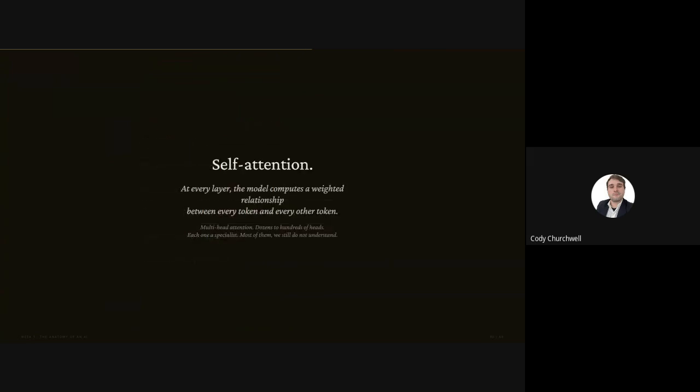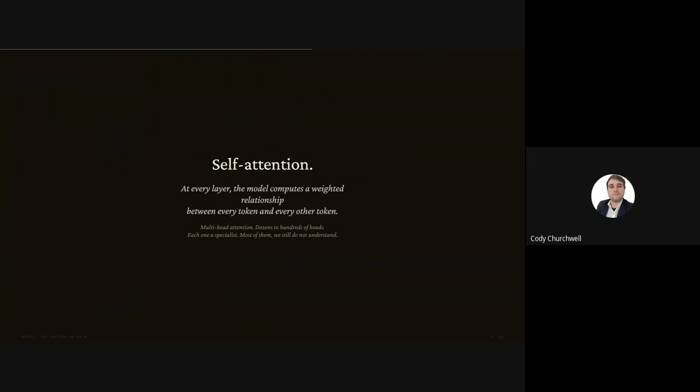So how does the model look at the desk? A mechanism called self-attention. Self-attention is the core mechanism of every modern LLM. At every layer of the transformer, and there are dozens of layers, every token in context computes a weighted relationship with every other token. The weights determine how much each earlier word influences the prediction of each next word.